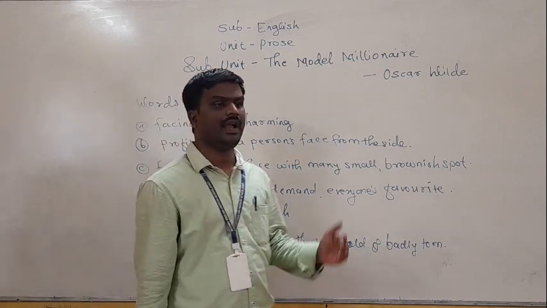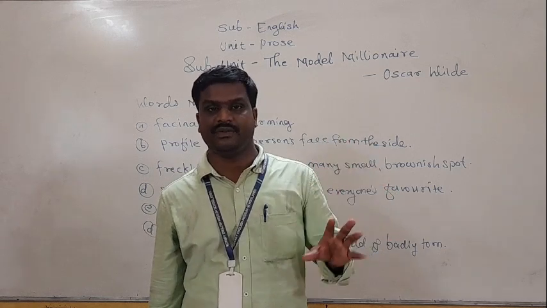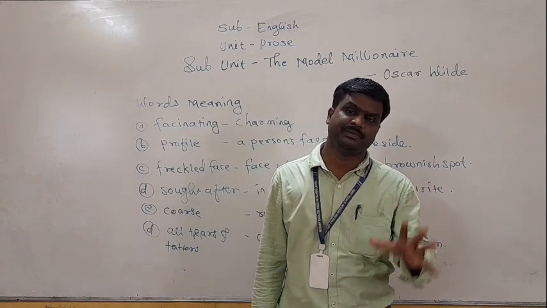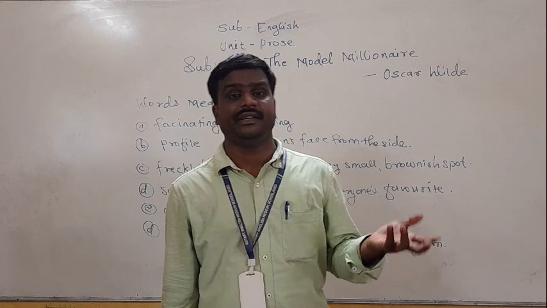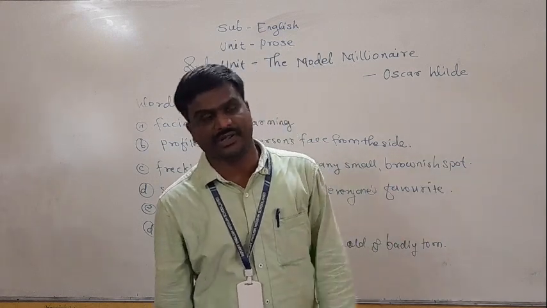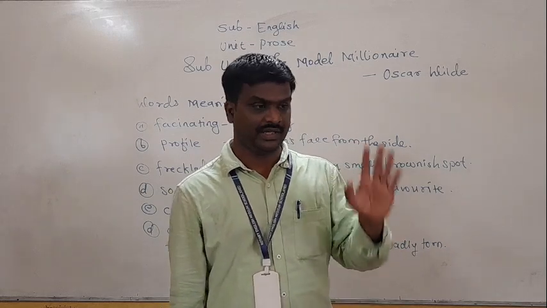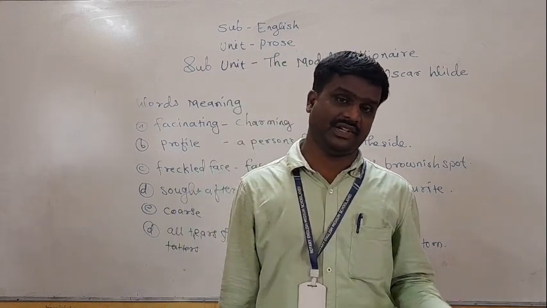Okay, and see, till this point we have discussed. And when Huey Erskine saw the condition of that poor beggar, at that time he felt pity on him, and whatever money was there in his pocket, he gave that money to him. Till this point, okay, we have completed. The remaining part of the story we will discuss in the next lecture. Thank you.